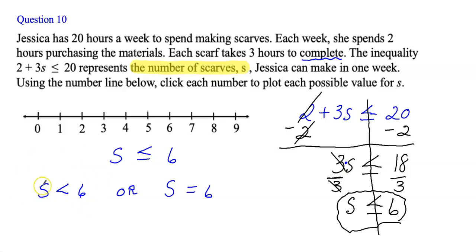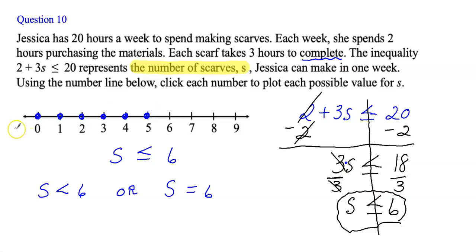So the number of completed scarves is less than 6. So on the number line, I'm looking for all the whole numbers that are less than 6. Well, all the whole numbers that are less than 6 are 5, 4, 3, 2, 1, and 0.